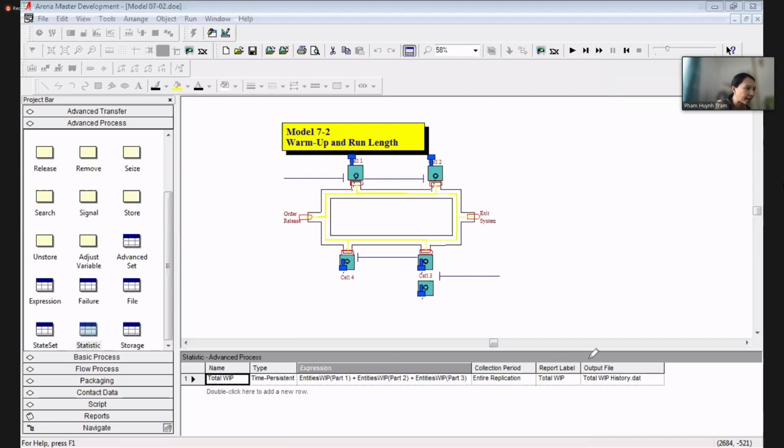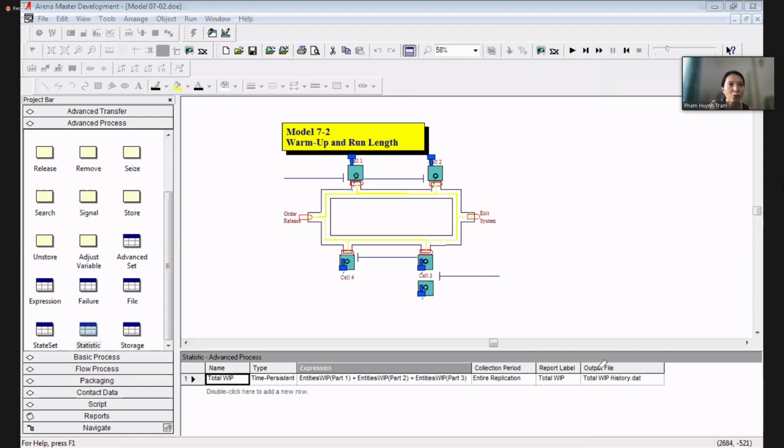This is the one that we have to pay attention to in the output file. Let's say at the beginning, we don't know how long we need to set for the warm-up period, but we will decide based on the inventory level.